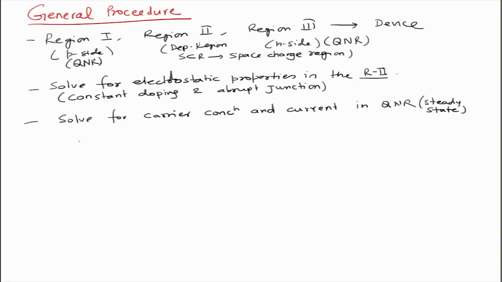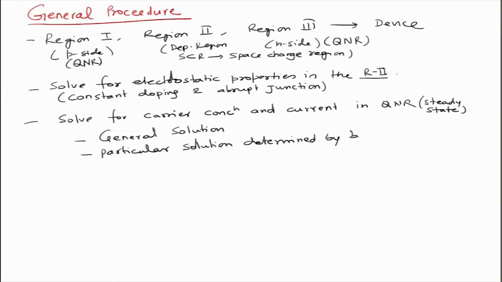And what you do in this is, first you get a general solution, and then you find a particular solution depending upon the conditions at the edges and boundaries, determined by boundary conditions. Okay.